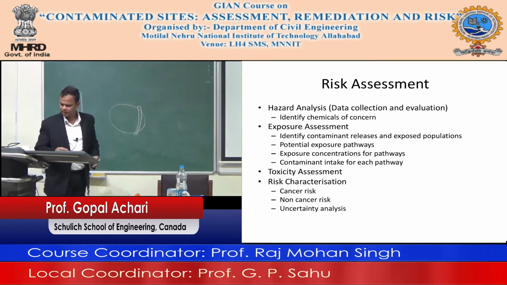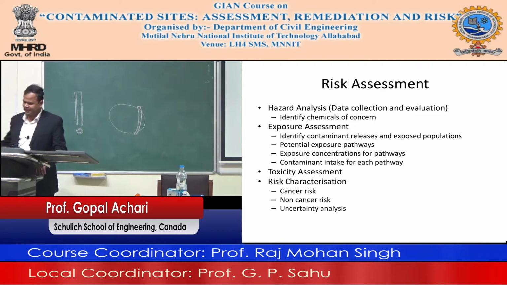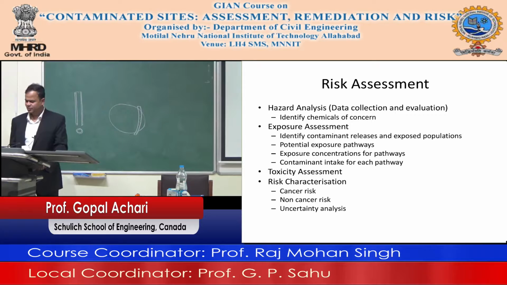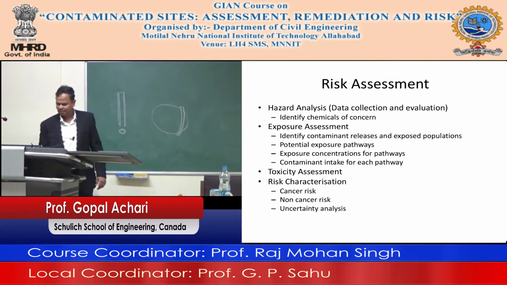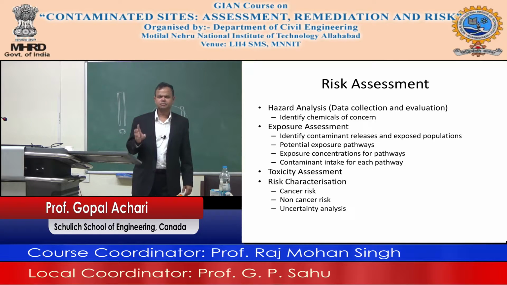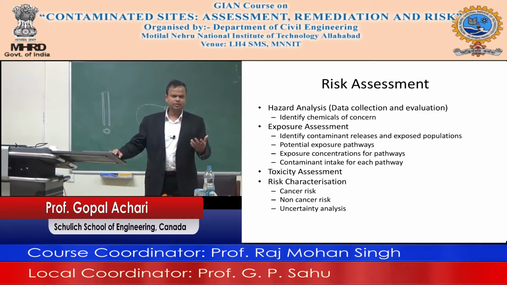So, linear low dose cancer risk is given by the CDI, the chronic daily intake averaged over 70 years in milligrams per kilogram per day, multiplied by a slope factor. There are a few documents that I can pass on to you, that you should have as manuals.